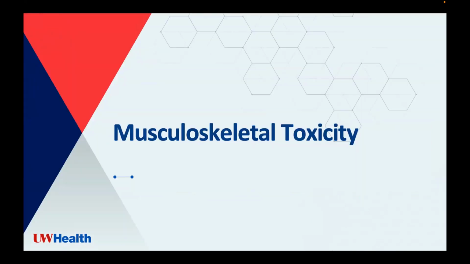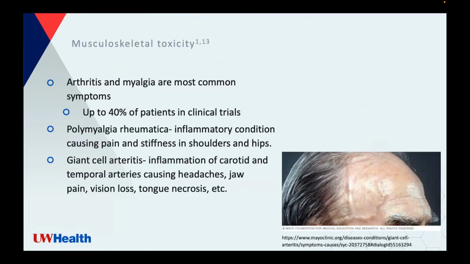All right, so moving on to the musculoskeletal toxicities. This is also a relatively common side effect. Patients present with arthritis or myalgias in up to 40% of patients, so a large minority.